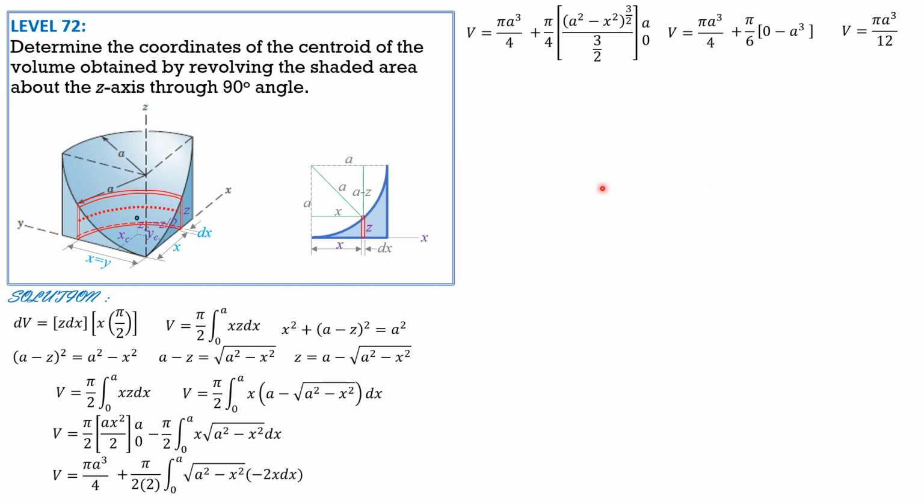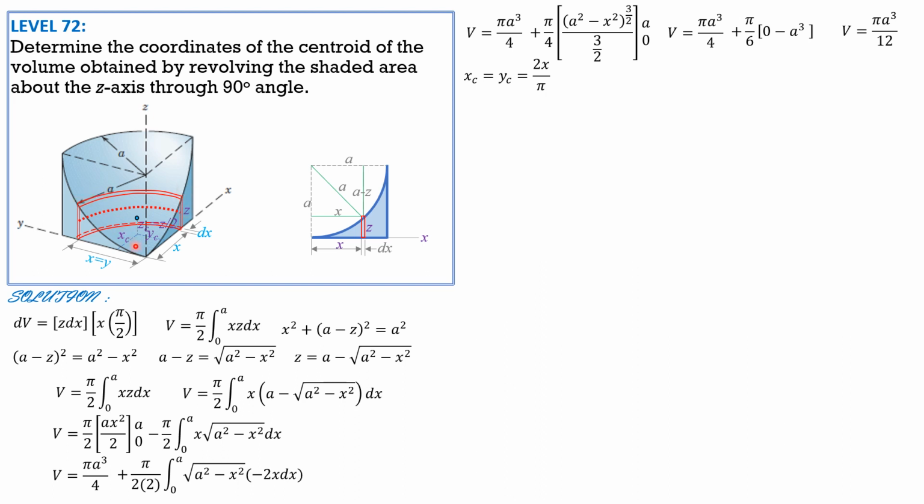Then by Varignon's theorem, x sub c is equal to y sub c, which is equal to 2x over pi, the centroid of an arc, because if you look at it from the top, the generation of this strip appears to be an arc.